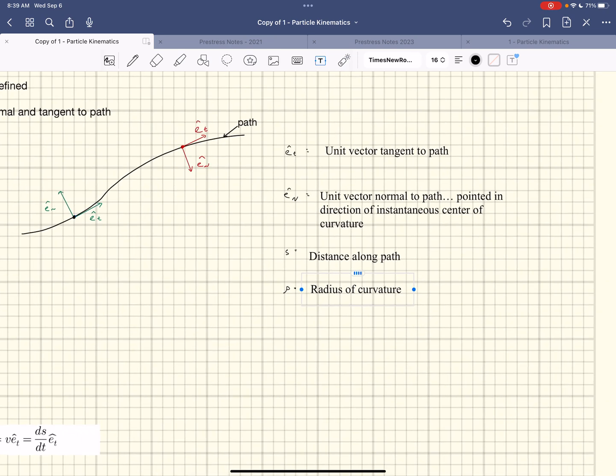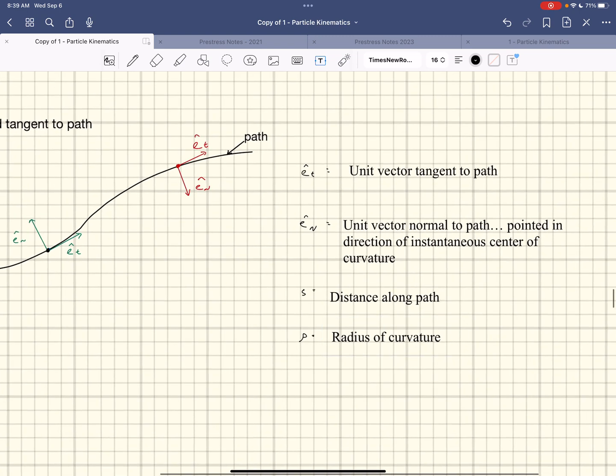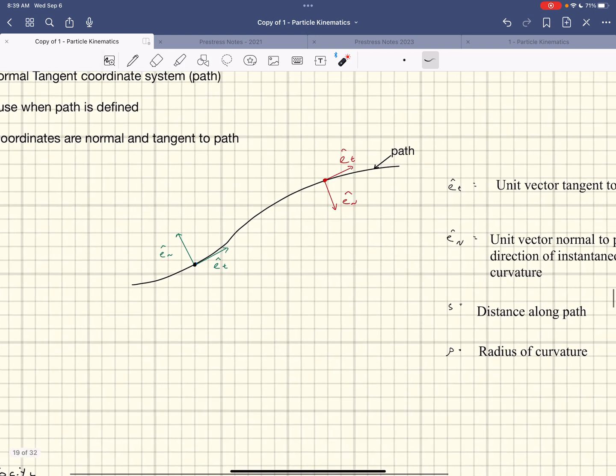So S, we don't really need to draw anything, but it's just the distance along that path. If it goes from here to there, that position in between them is going to be S. And the radius of curvature is going to be this radius here, right?